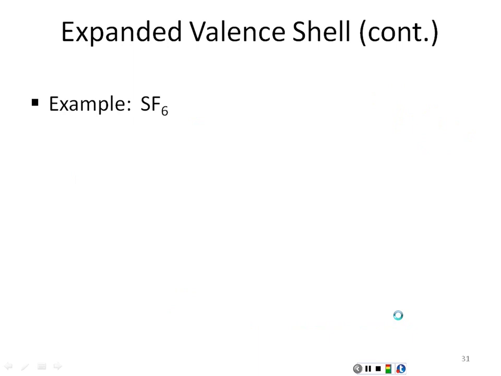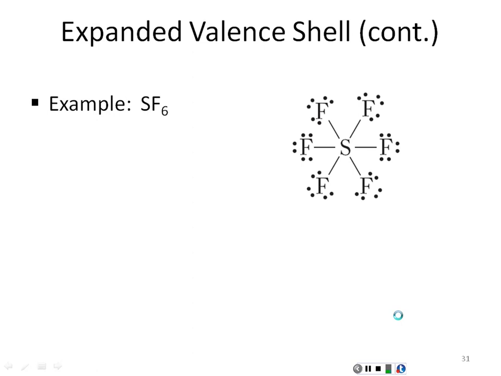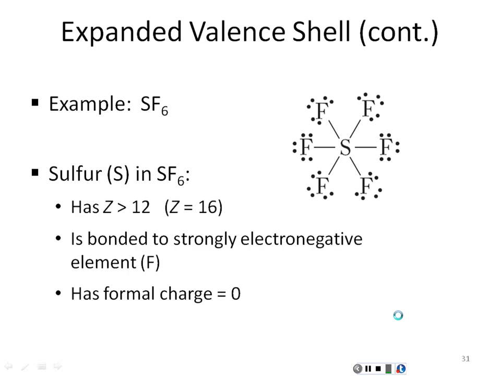So the classic example of an expanded shell would be sulfur hexafluoride. And we draw the Lewis structure like this. If we look at the sulfur in sulfur hexafluoride, it has an atomic number greater than 12, it's 16. It's bonded to a strongly electronegative element, which is fluorine, the most electronegative element.